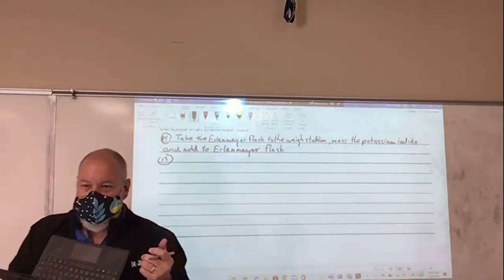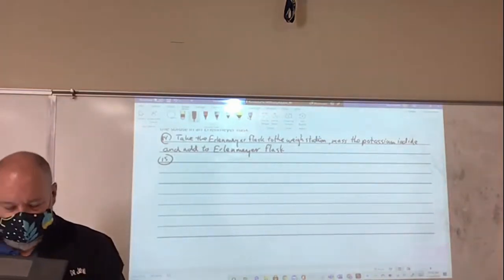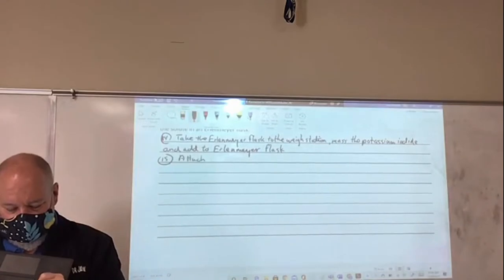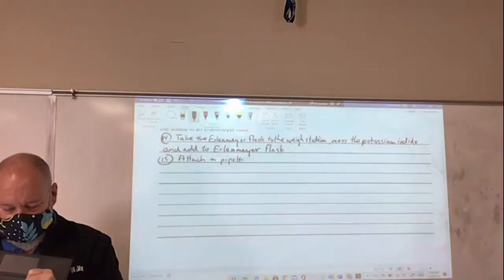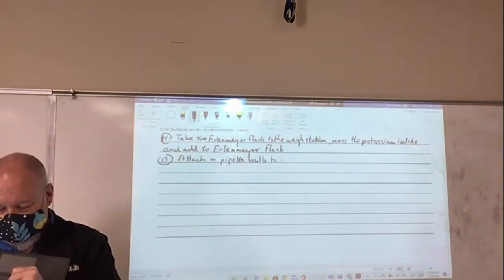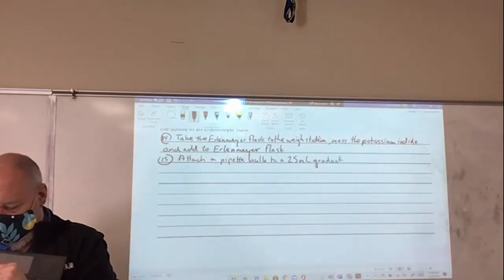Okay, yeah, before I can use it, I need to put it together, right? Okay, so attach a pipette bulb to a 25 milliliter graduated pipette.